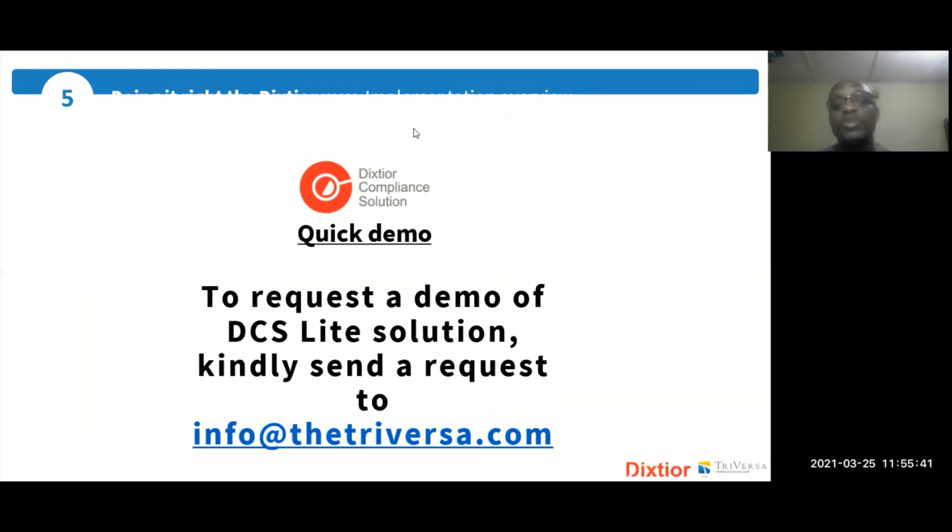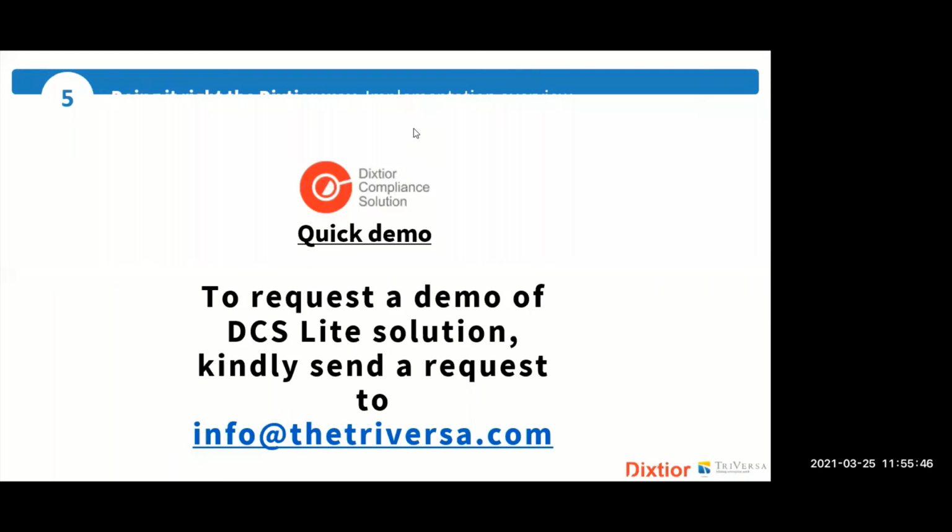Can your solution integrate with multiple PSP applications? I think it was for me, right, Jai, the question? Yes. We can integrate with multiple systems, not just PSP applications, basically with everything that brings information inside of the application. And for that, DCS has a lot of web services that can be used and allow that integration. As I mentioned in the demo, this integration can be done in several ways.